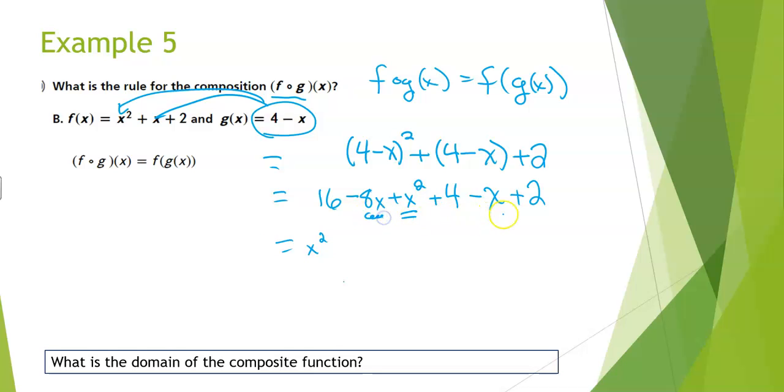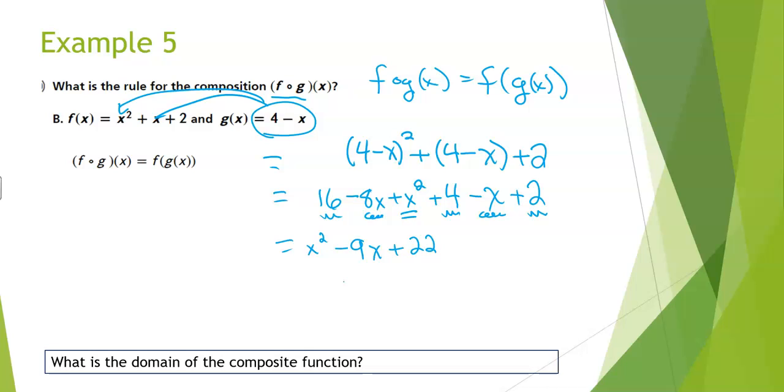I have a negative 8x and a negative x, so that's a negative 9x. And then I have a 16 and a 4 and a 2. 16 and 4 and 2 is 22. All right, that's my rule for my function here.